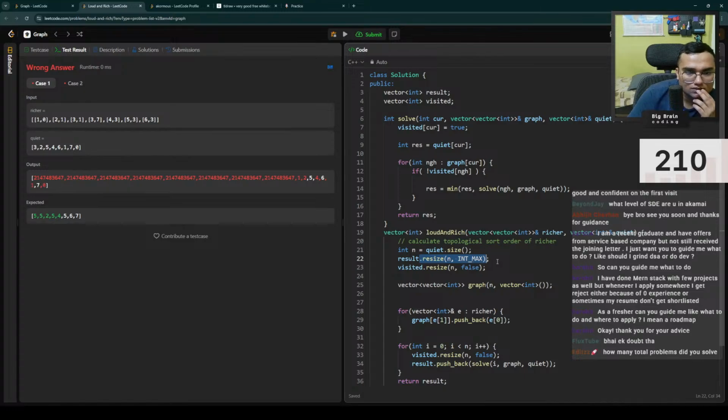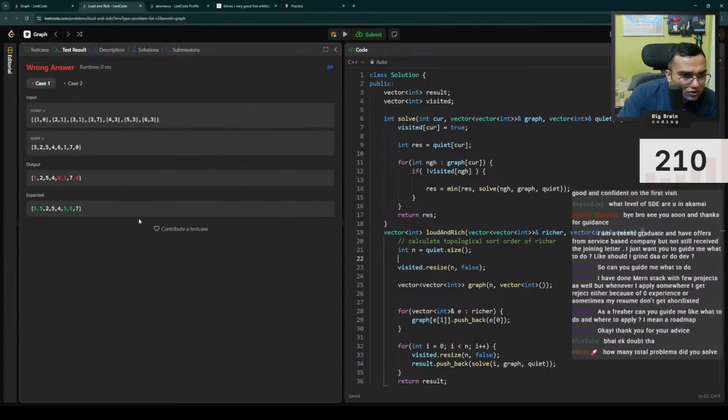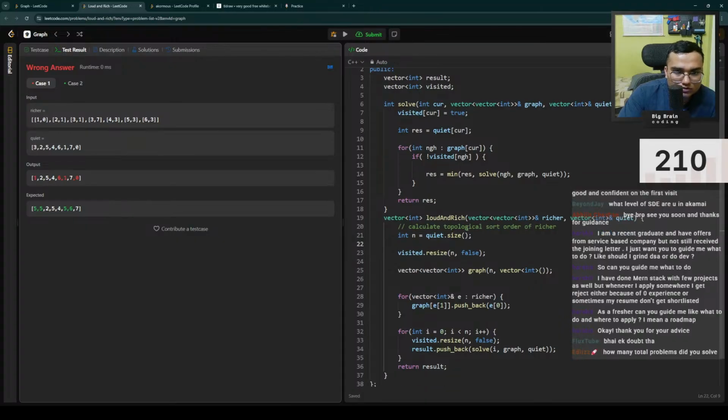Okay. My brain is cooked. 1 2 4 2 5 4 6 1 7 0. Something wrong, brother. Okay, these are quiet values basically. I don't need to return quite. I need to return the thing, right?